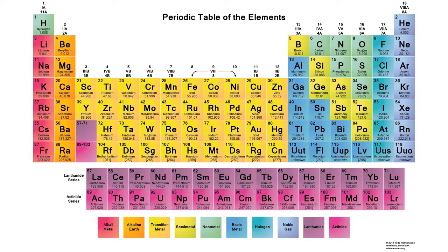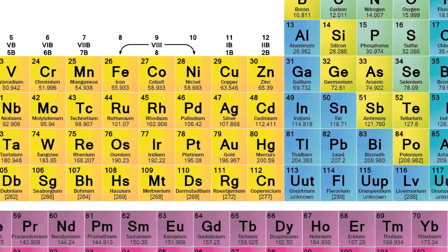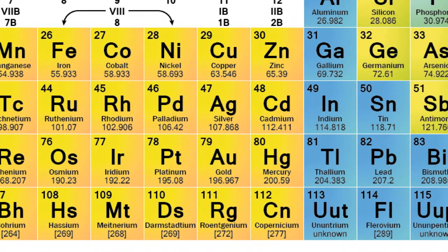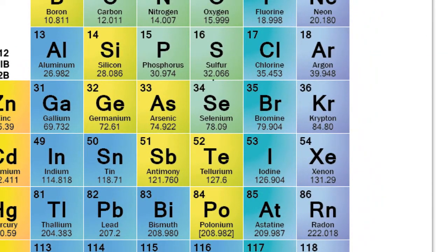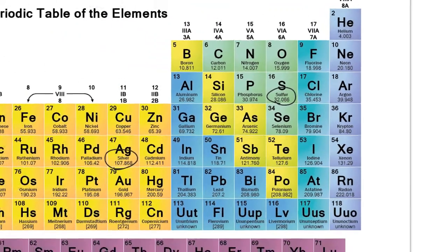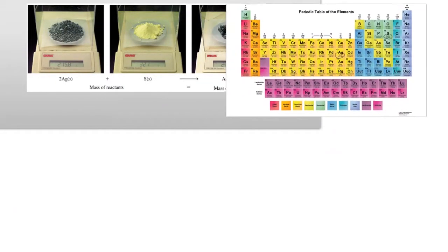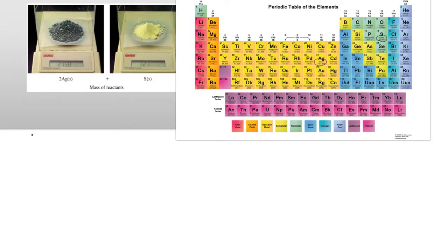So first of all, we need to look at the molar masses of everything involved in this reaction. We have silver and sulfur. The molar mass of silver is 107.868, and sulfur has a molar mass of 32.066, and those are both in grams per mole.